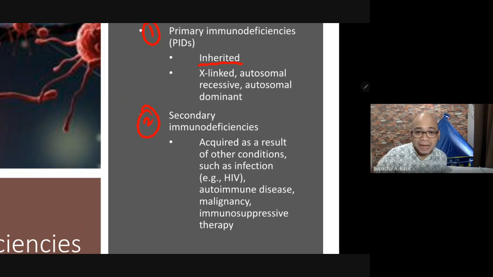Now, on the other hand, when we say secondary immunodeficiencies, we are referring to a disorder that is acquired as a result of a condition such as infection. We will have a separate chapter when we discuss HIV. Secondary immunodeficiencies may also be due to autoimmune diseases, malignancies, and immunosuppressive drugs, because immunosuppressive drugs will actually make your immune system less functional so that it will not reject the newly transplanted or grafted organs into your body.